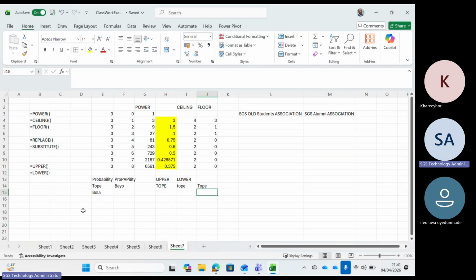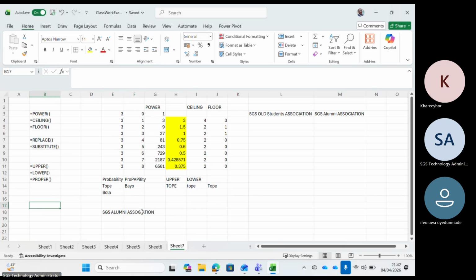You will not understand until we put it like this. SGS Alumni Association. So we have learned proper too. Okay, look at this one. Let's make it small letters.